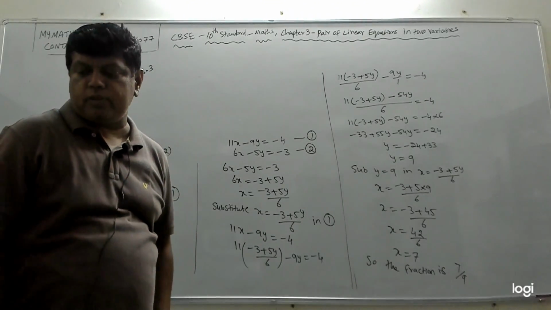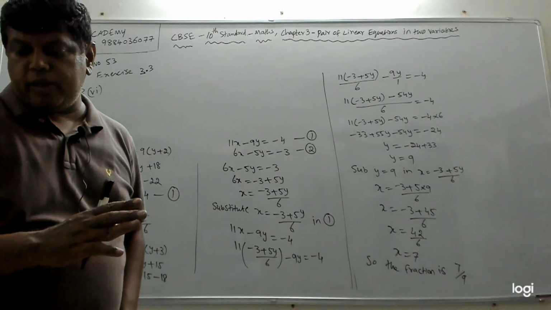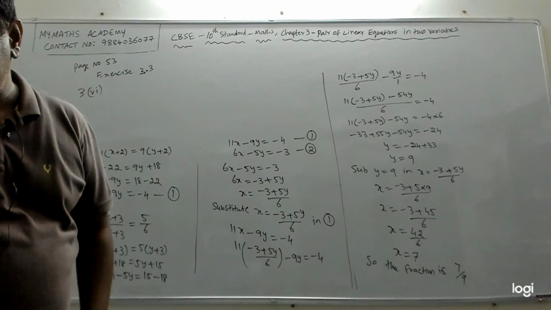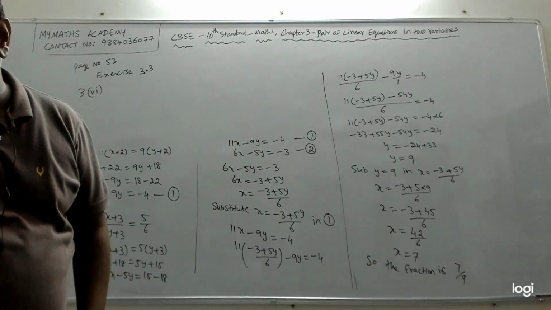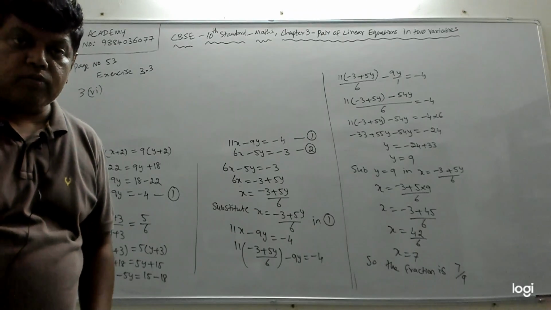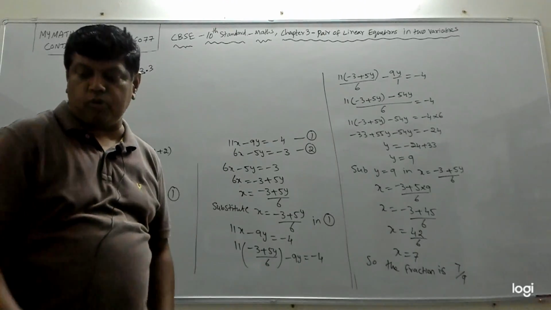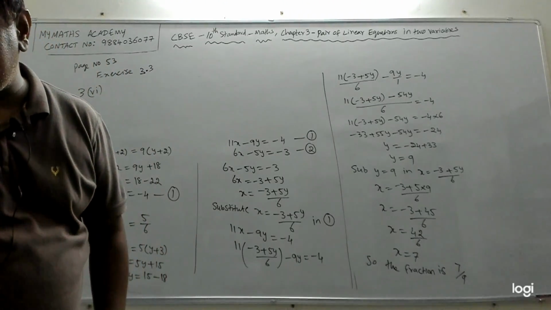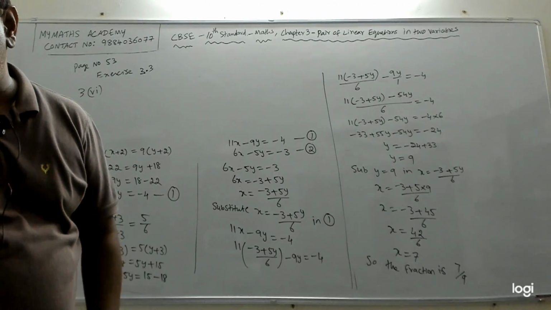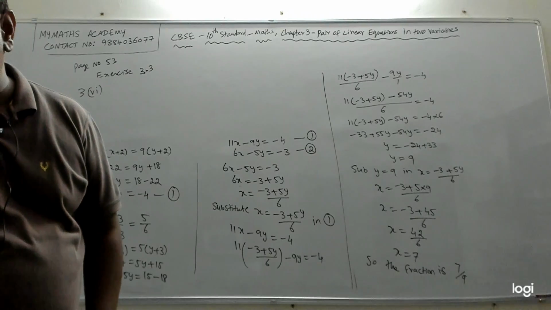So what it says: 5 years hence means 5 years after, the age of Jacob will be 3 times the age of his son. 5 years ago means 5 years before, Jacob's age was 7 times that of his son. He was 7 times his son.